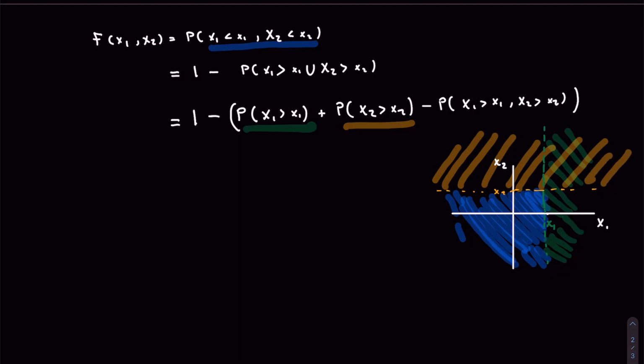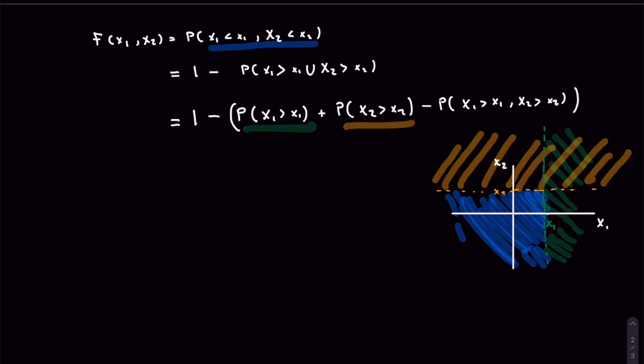And so the complement of this event, which is what we are after, is subtracting this region and this rectangle here. But what we've done if we subtract is that we have taken this part of the rectangle twice: once when we took x1 being larger, and a second time when x2 was larger than little x2.